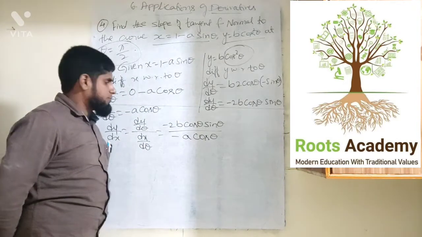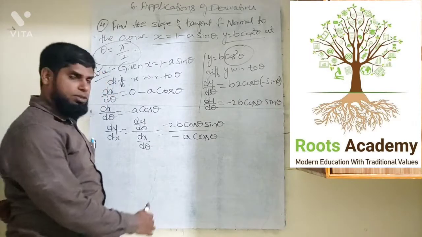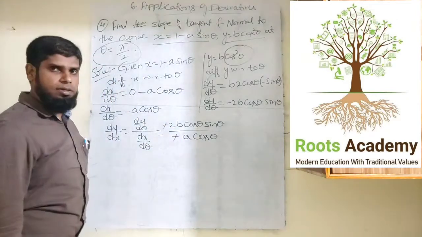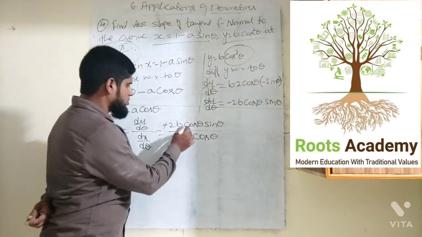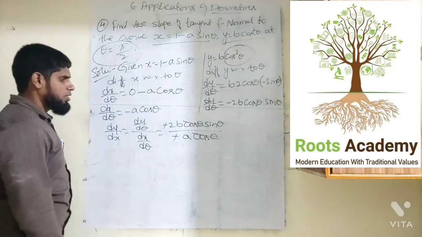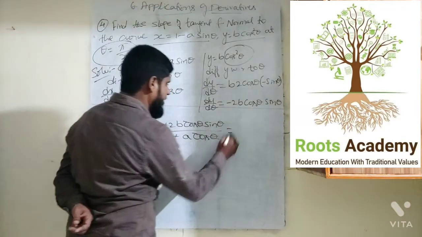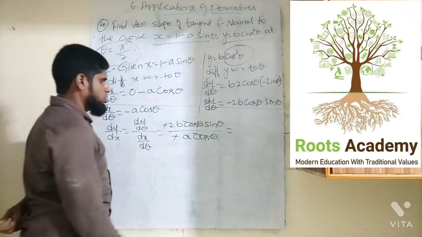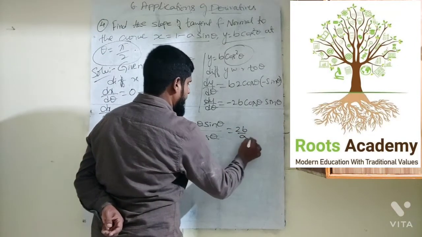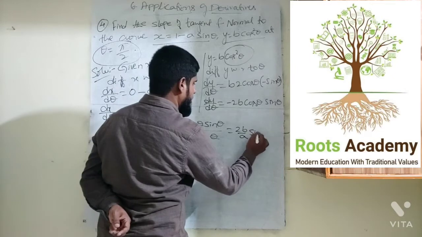Now student, here we can do some cancellation. First thing is both the negatives will get cancelled. Then the next is numerator cos and denominator cos gets cancelled. Final dy by dx is 2b by a into sin theta.